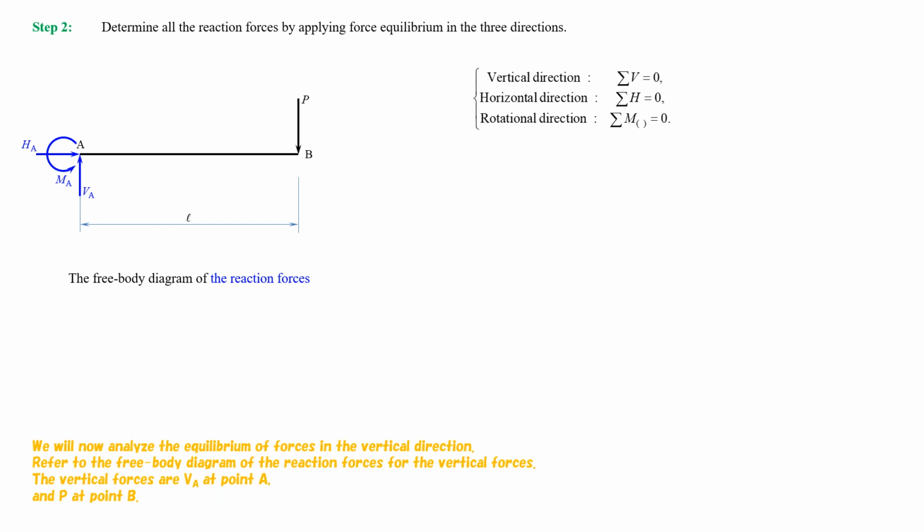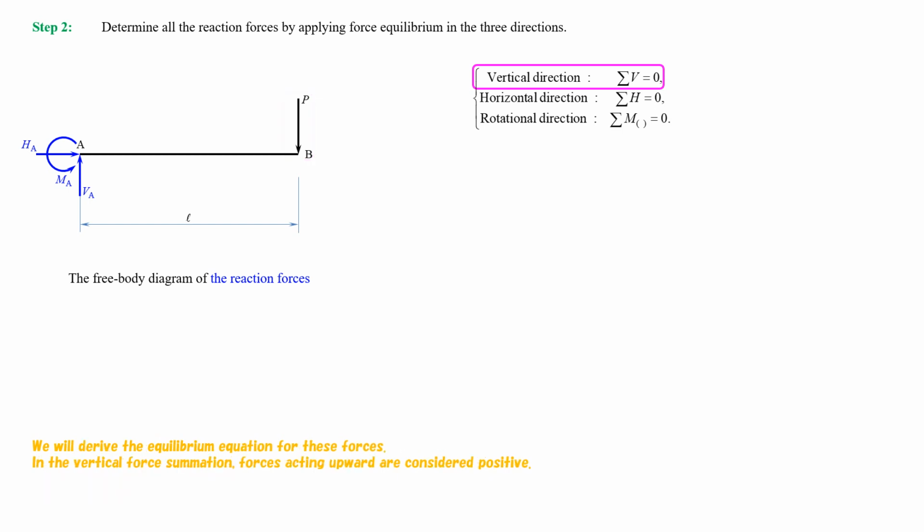We will now analyze the equilibrium of forces in the vertical direction. Refer to the free body diagram of the reaction forces for the vertical forces. The vertical forces are VA at point A and P at point B. We will derive the equilibrium equation for these forces.